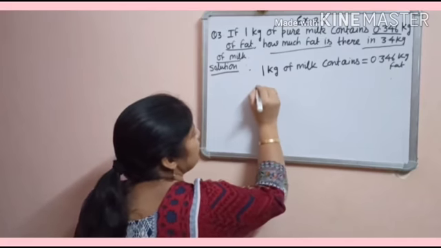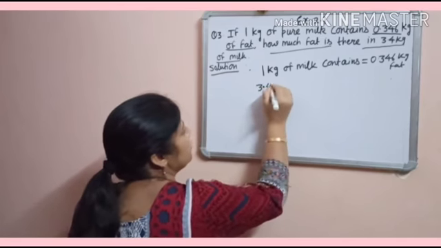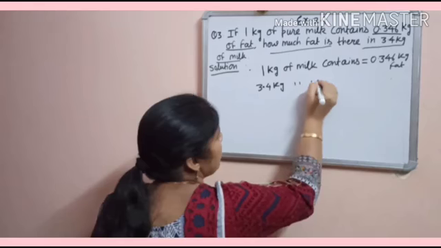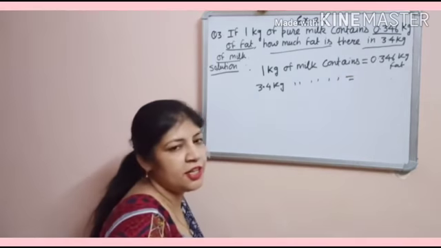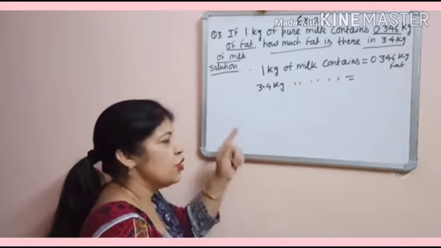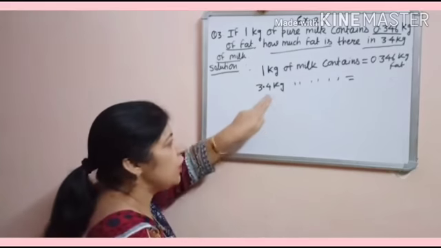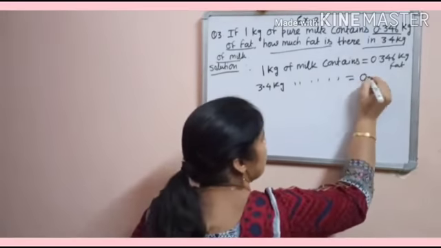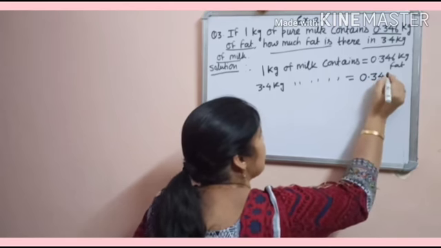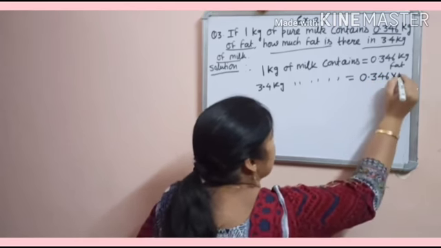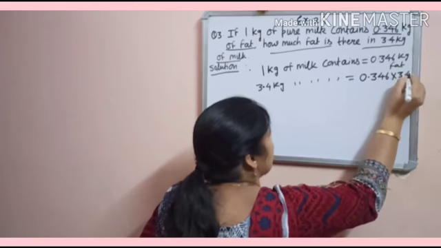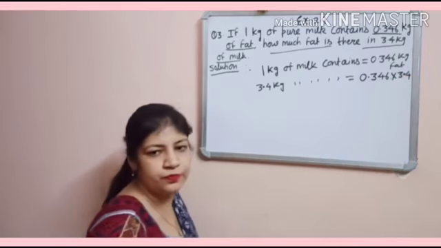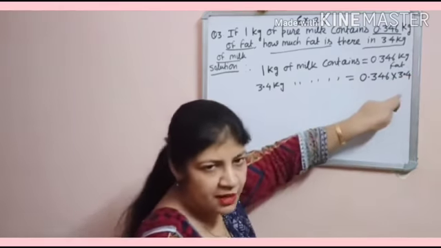Then 3.4 kilogram of milk contains how much fat? So for finding the value of more, you have to multiply. So you have to multiply 0.346 by 3.4. Both are decimal numbers.